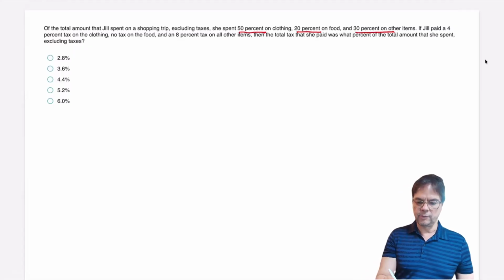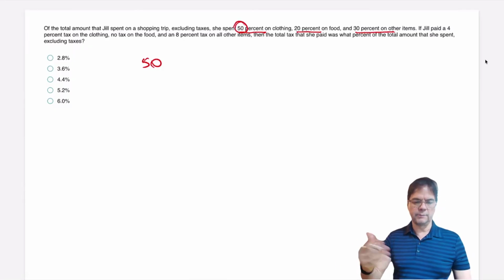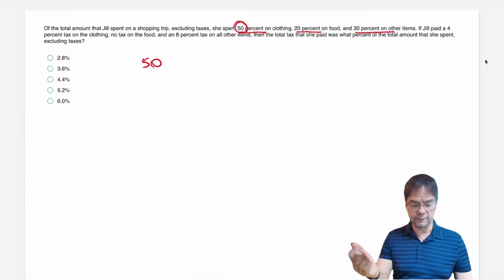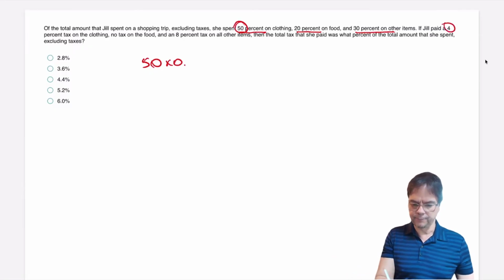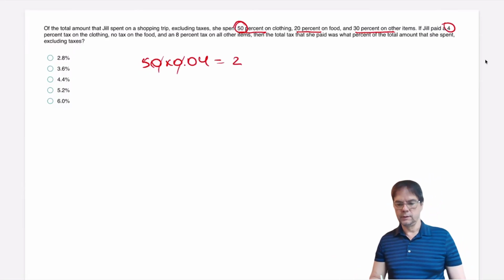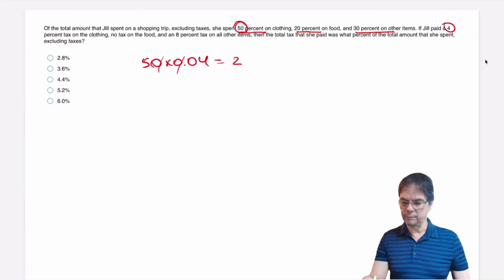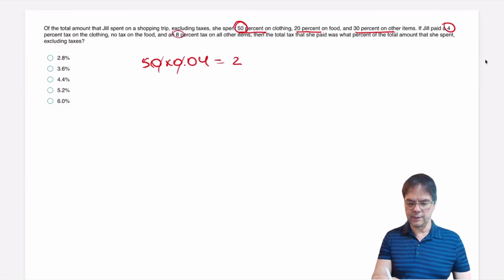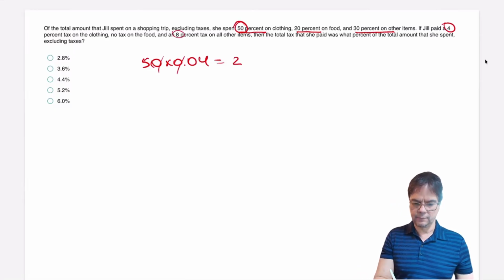Okay, so 50 of an amount, I can put 100. It will be 4%, so 2. Is that okay? 20% on food, no tax. And 8% on other items, that is 30, so I will put here 30.